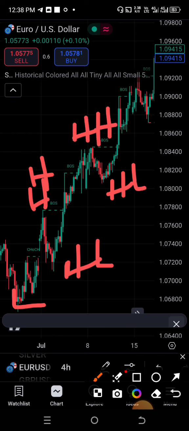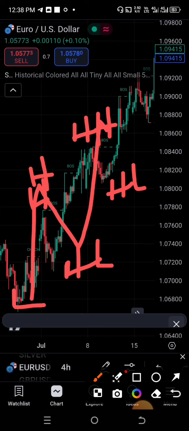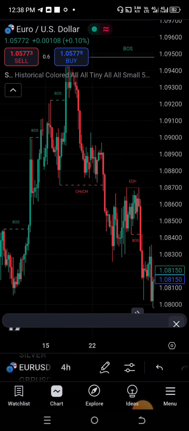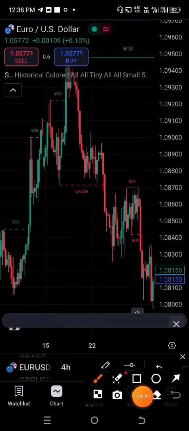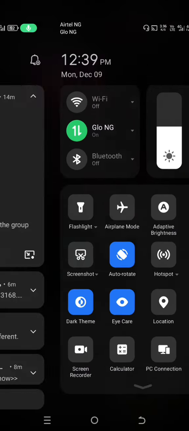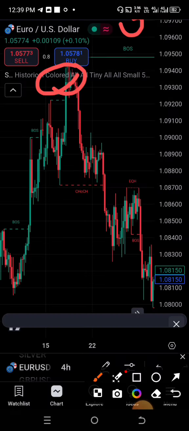You keep having moves like this. Now, at some point, this market will no longer produce a higher high. You can see that when we got here, after this high, instead of the market producing another higher high somewhere here, the market failed to produce another high.